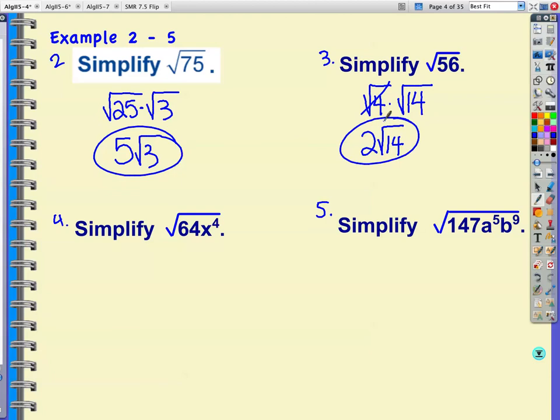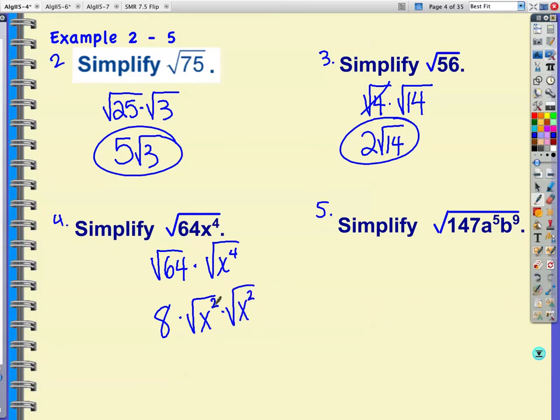2 square root 14. All right, square root of 64x to the 4th. Well, I can divide those into separate thoughts. I can say, deal with your numbers, deal with your letters. Square root of 64 is just plain old 8. Square root of x to the 4th, a lot of you may be able to just jump to the answer, but I'm going to write this out. Isn't that the square root of x squared times the square root of x squared?